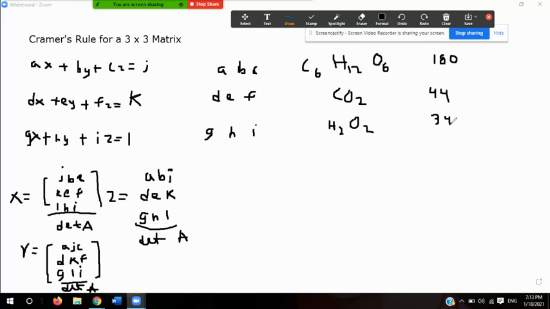So for carbon, for glucose, we're going to say 6C, which means 6 carbon, plus 12 hydrogen, plus O6, and that equals 180, or plus 6 oxygen, excuse me.